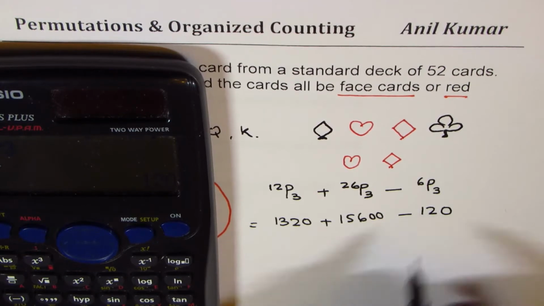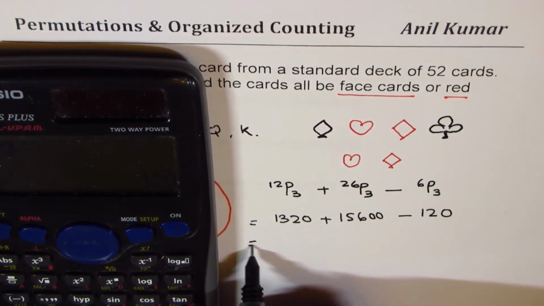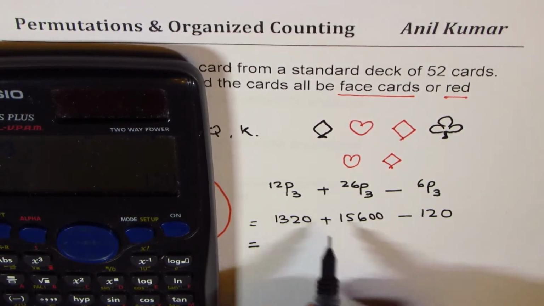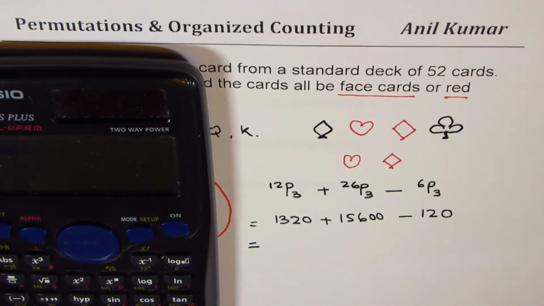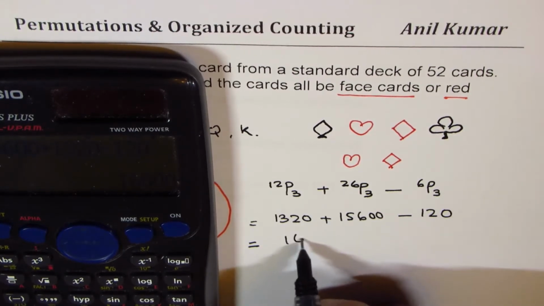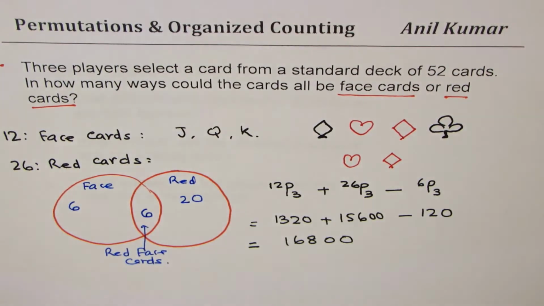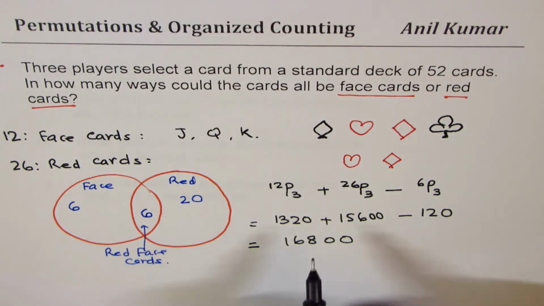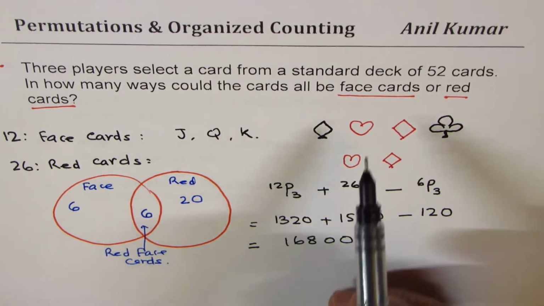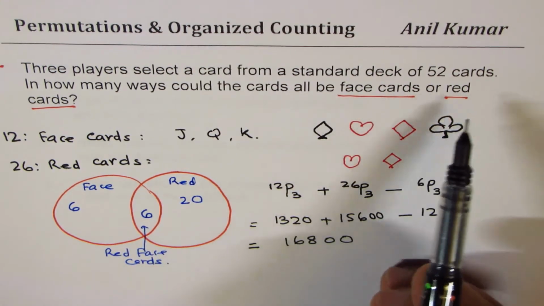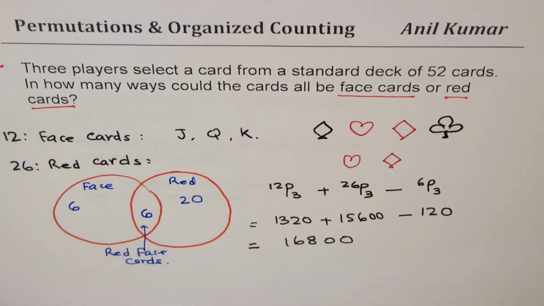Now we can combine these and get the answer: 15600 plus 1320, take away 120, gives you 16800. So that becomes the total number of ways in which we could get face cards or red cards.